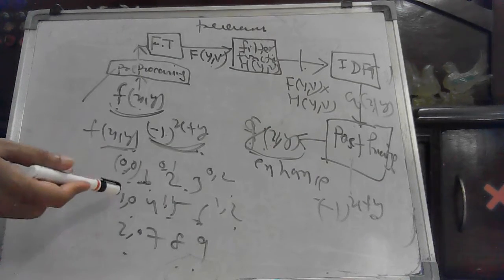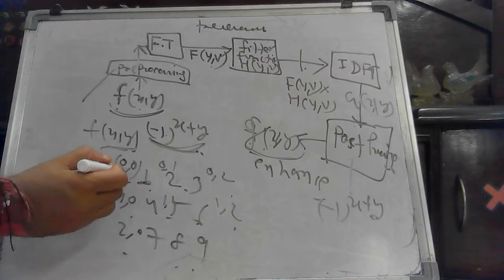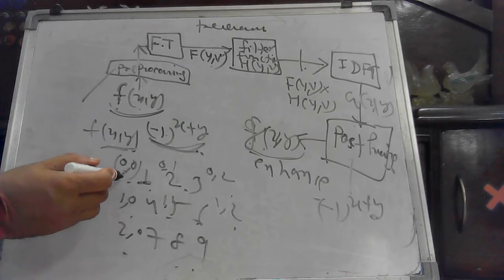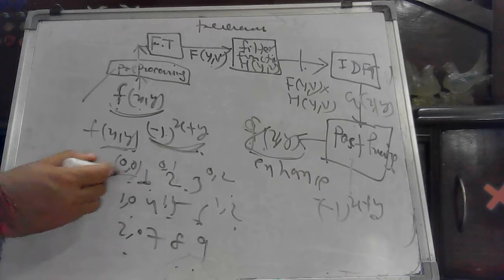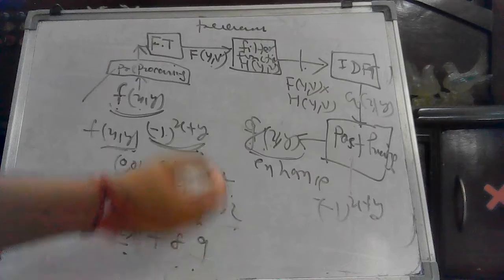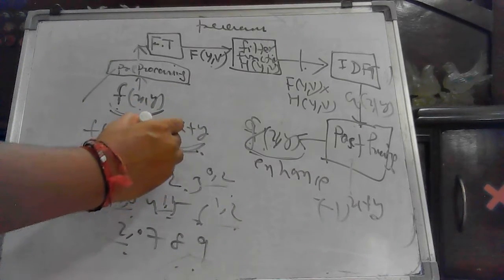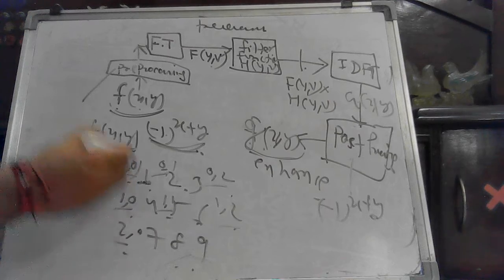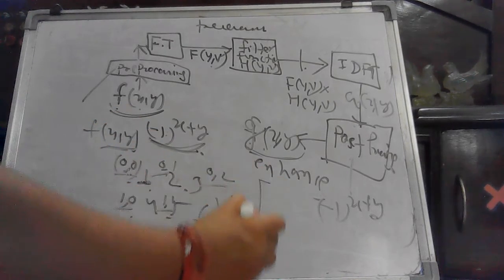This thing I will again tell you whenever we come back to the numerical. Very simple. First of all, you take whatever the size of the image given to you, and take its coordinates. For each and every coordinate, you represent that coordinate in this way, and then multiply each and every pixel by using this. Let's say I have taken 0 comma 0, so what will the value be?